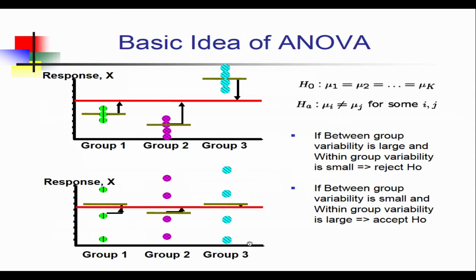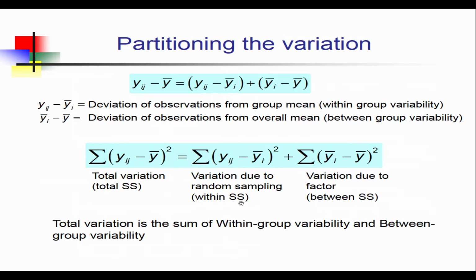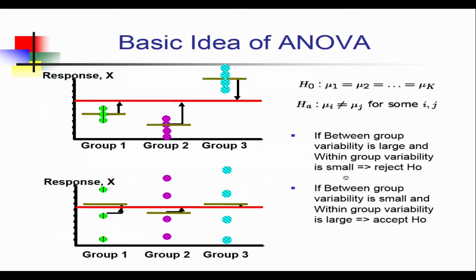In this situation, when you calculate those two quantities, you will get a small between group variability and a large within group variability. This indicates we accept the null hypothesis. Those group means are quite similar. So this is the basic idea for ANOVA.